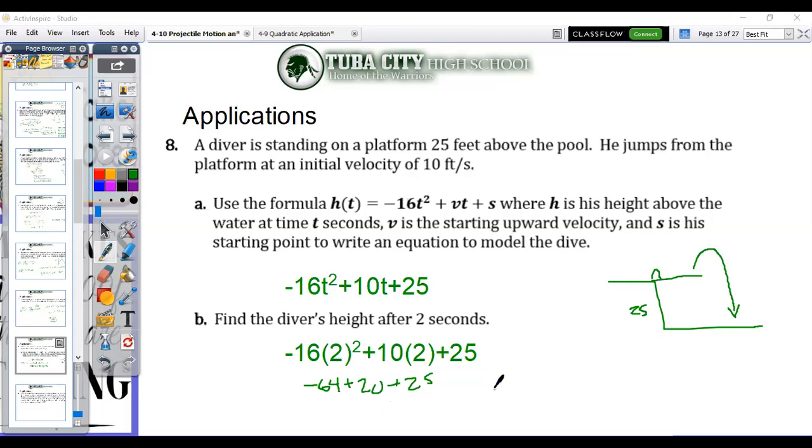Maybe I made a mistake. 16 times 4. I said 16 times 4. Okay, I feel a little bit lost on this one here.